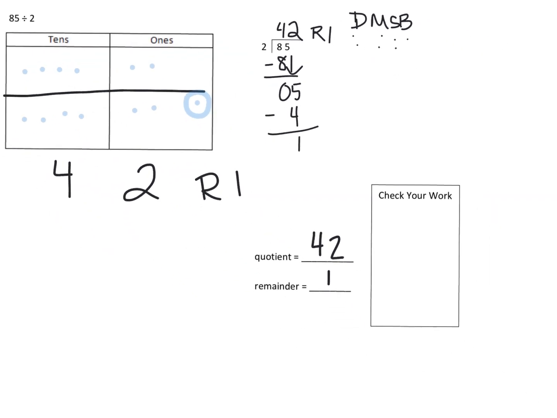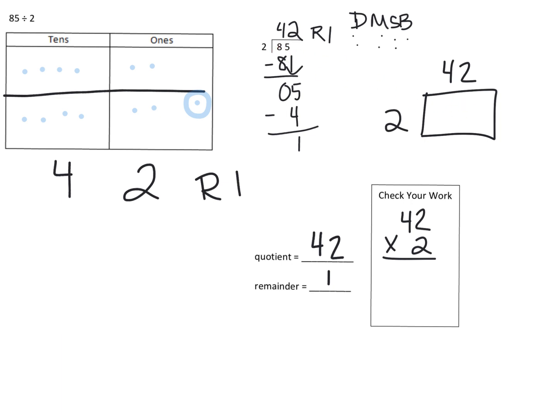Let's check our work here. Remember, to check your work, you take the quotient, 42, you times it by the divisor, 2, and it should give you the dividend. So I always like to say the outside number should give you the inside number, similar to an area model. If I were to make this an area model, they should equal this inside number 85 when you multiply these together.